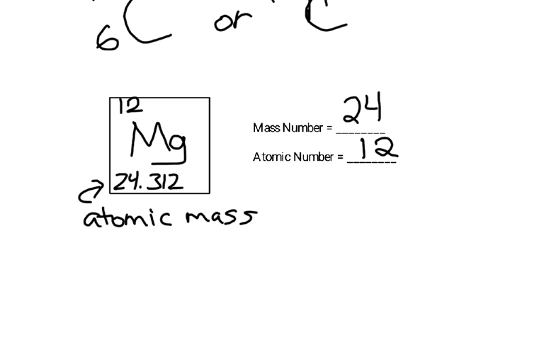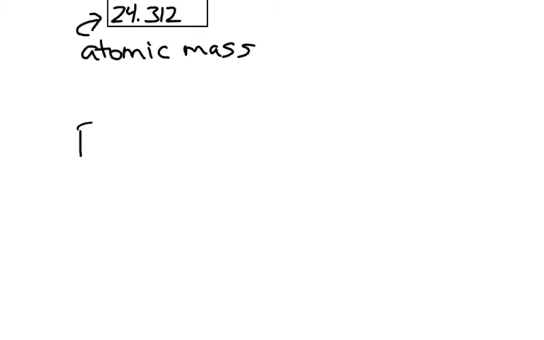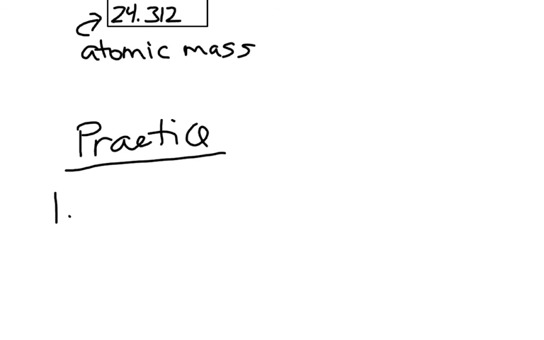Okay, I want you to do some practice problems tonight. I want you to find, for all of these, the number of electrons, the number of protons, and the number of neutrons for the following elements.